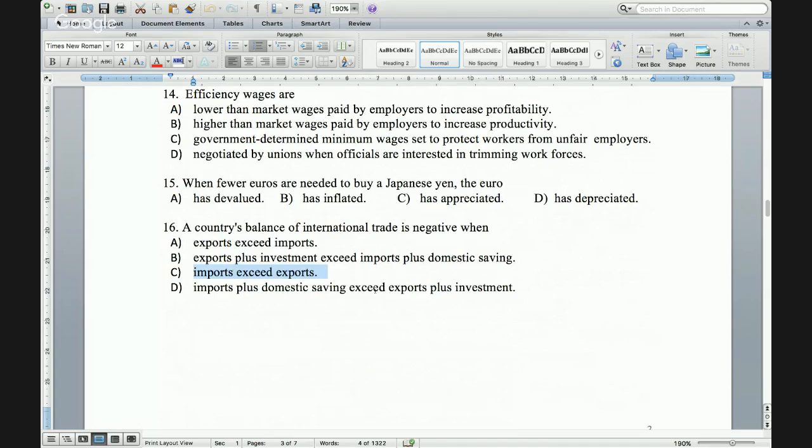A country's balance of trade is negative. If you have a negative trade balance, it means that you are importing more than you export. That's like you as a country spending more money on goods and services than you are actually selling. So if you're spending more than you're selling, you have what's called a negative trade balance. So your answer here is C.